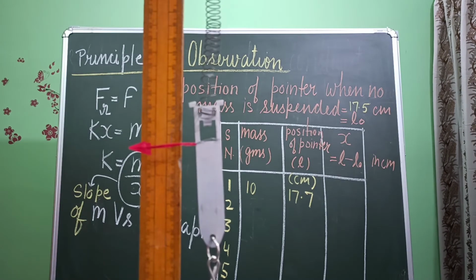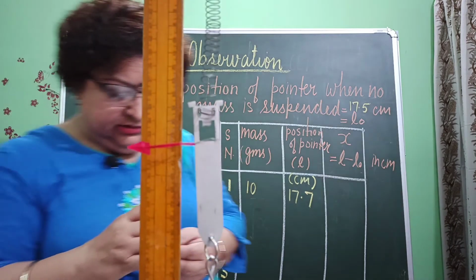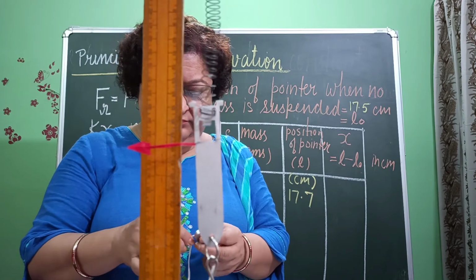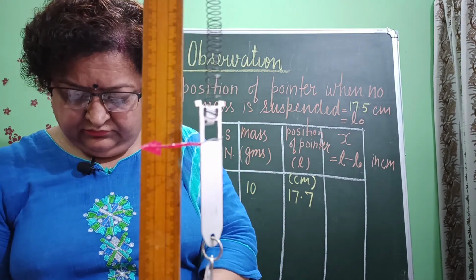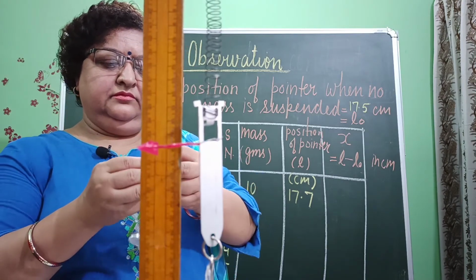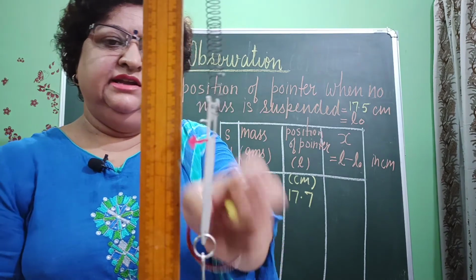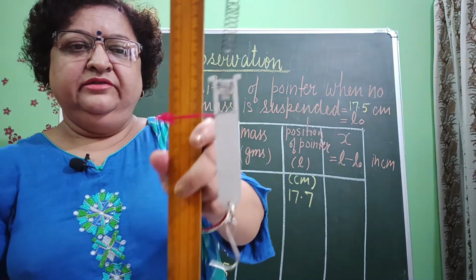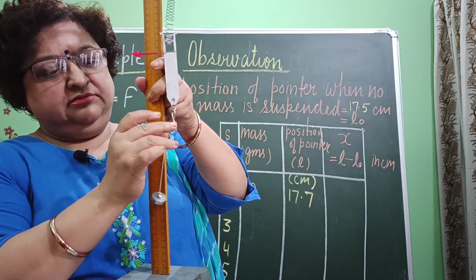Now let me suspend a 20 gram mass with the spring. We have to remove this 10 gram mass and suspend a 20 gram mass.